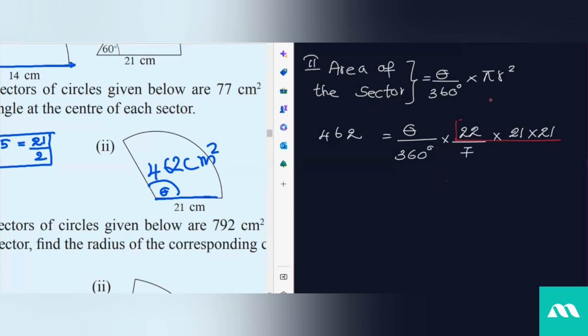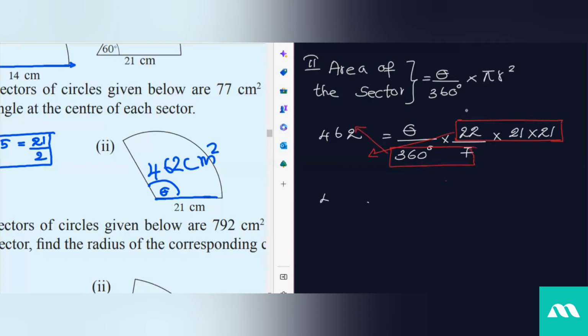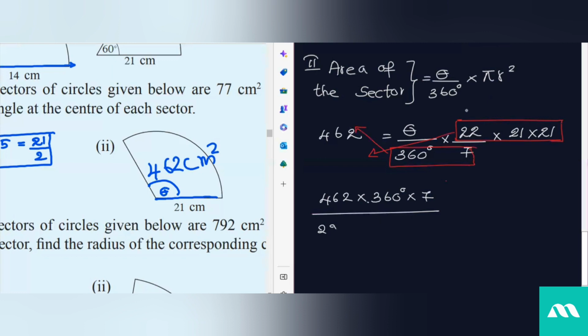We take all the denominator values of one side to the other side, to the numerator. Then 462 times 360 times 7 upon 22 times 21 times 21 equals theta.